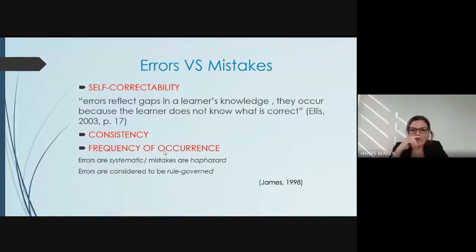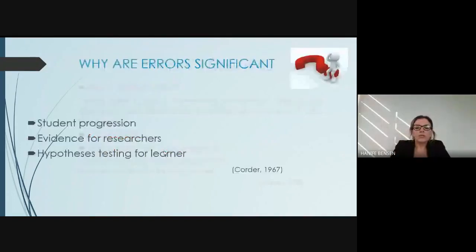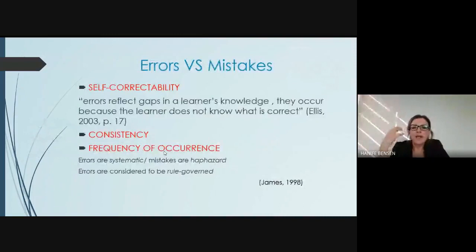Now, in our language learning, before the emergence of error analysis, errors were perceived as academic sins that needed to be eradicated in the language learning classroom.